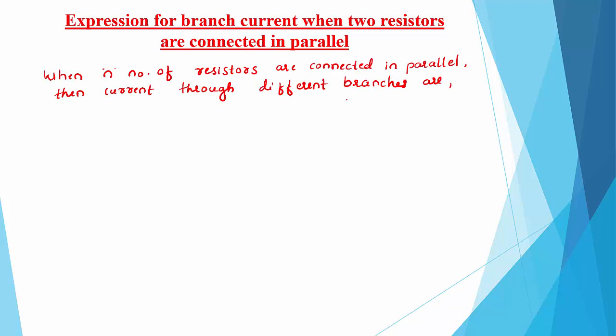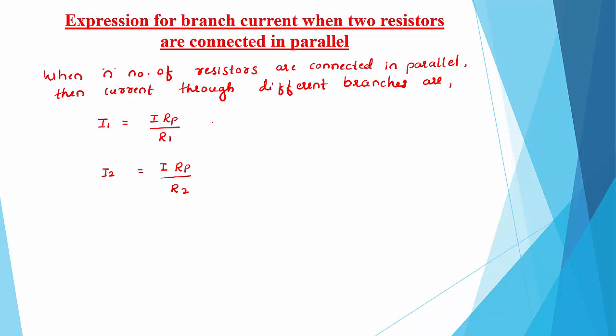When n number of resistors are connected in parallel, then current through different resistors or different branches are as follows. Here we already derived an expression for I1 and I2. I1 equal to I into Rp divided by R1. And we got an expression for I2, I2 equal to I Rp divided by R2. So we derived this equation.